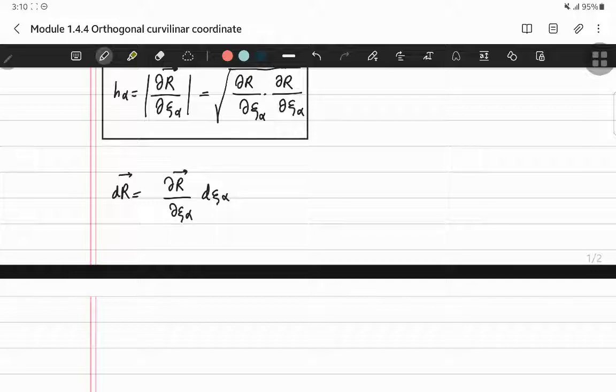This is the definition that you saw more or less during your undergraduate, even high school, for partial differentiation. And since we have no sum on alpha, I also put an alpha from 1 to 3 in here. So we have this equation here.